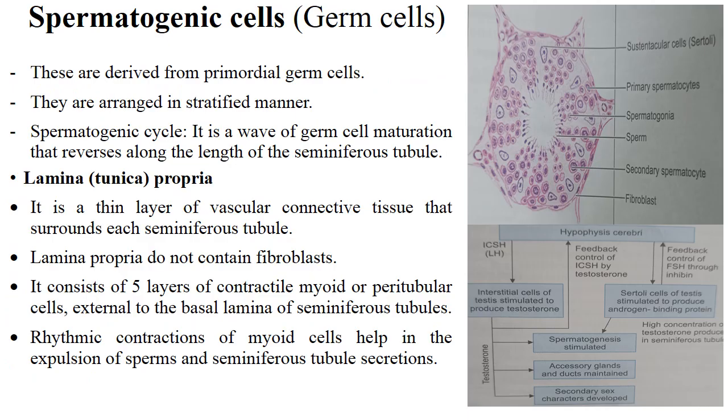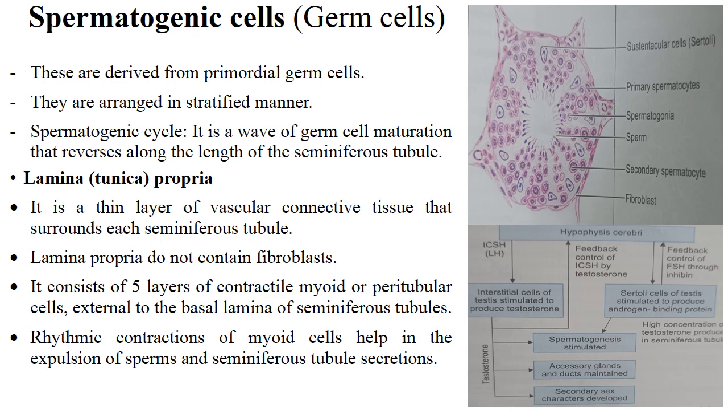The second type of cell present within the seminiferous tubule is the spermatogenic cell, or germ cells. These are the cells in different stages of development. The spermatogenic cells are derived from primordial germ cells. They divide, they replicate, they form various stages of spermatogenesis, and they are arranged in a stratified manner from the basal lamella to the luminal area.